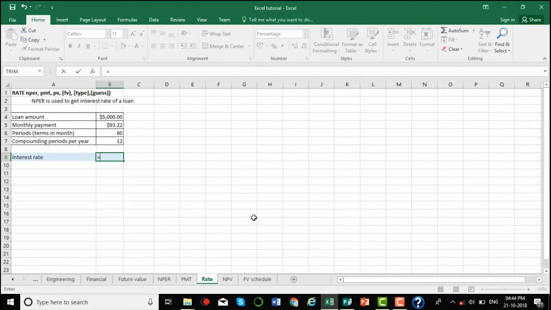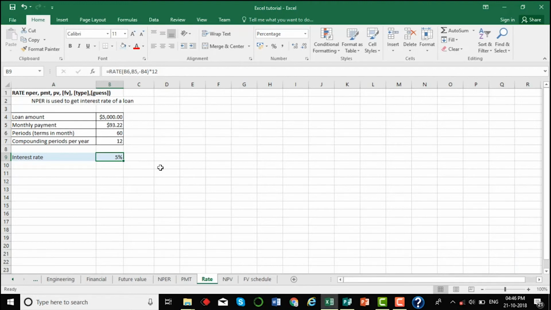The formula would be equals rate of, the number of periods is 60, select it, comma, the monthly payment would be $93, comma, the present value is negative $5,000, which is the loan amount, and enter. Now the interest equals 0%, but this is for one particular period. But to calculate the interest rate per annum, we have to multiply this rate by 12. So 5% is my annual interest rate.